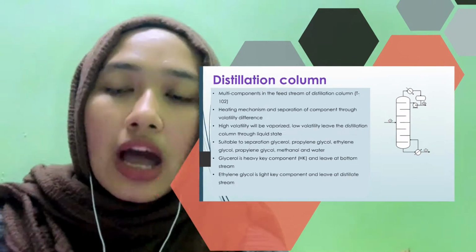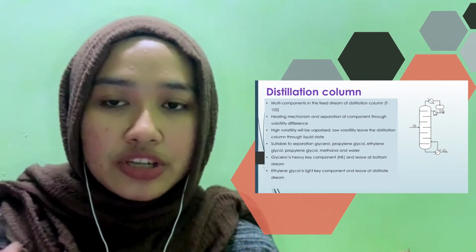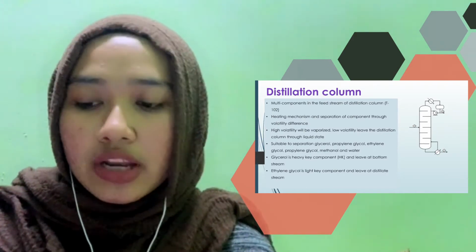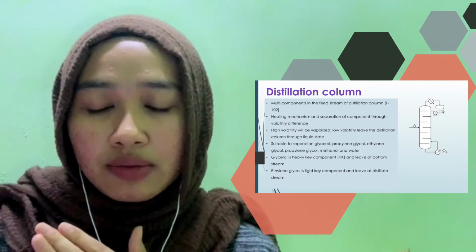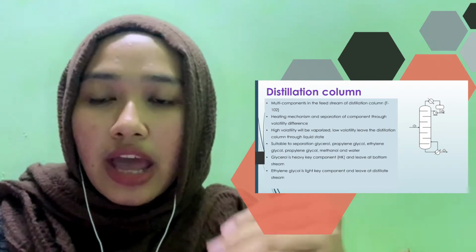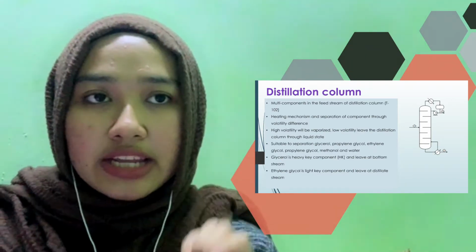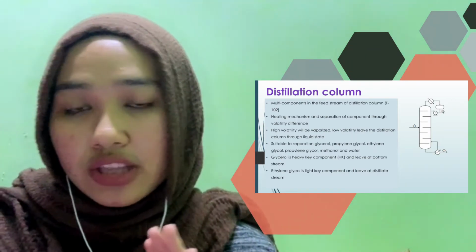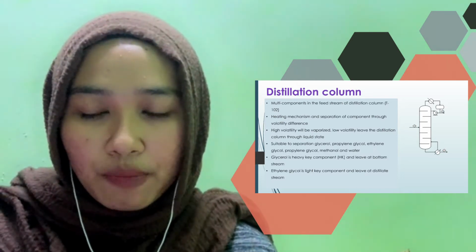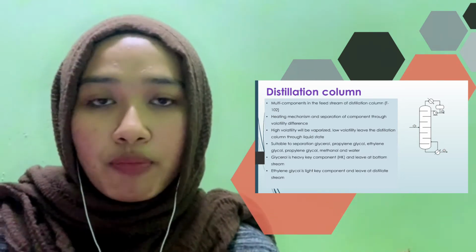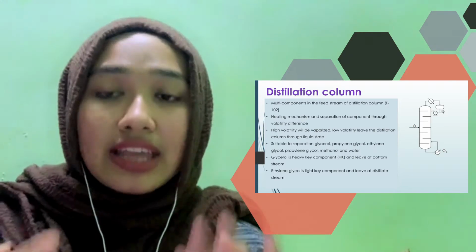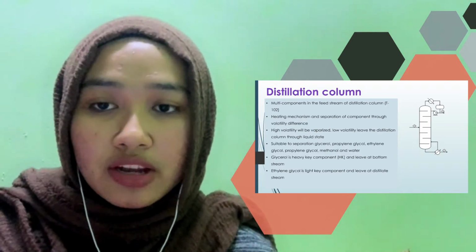So how do we create the relationship between the volatility and the boiling point? The lower the boiling point, the higher the volatility. As we know, the temperature at the distillation column will be 229.8. At this temperature, the ethylene glycol and propylene glycol will vaporize to become the gas state.